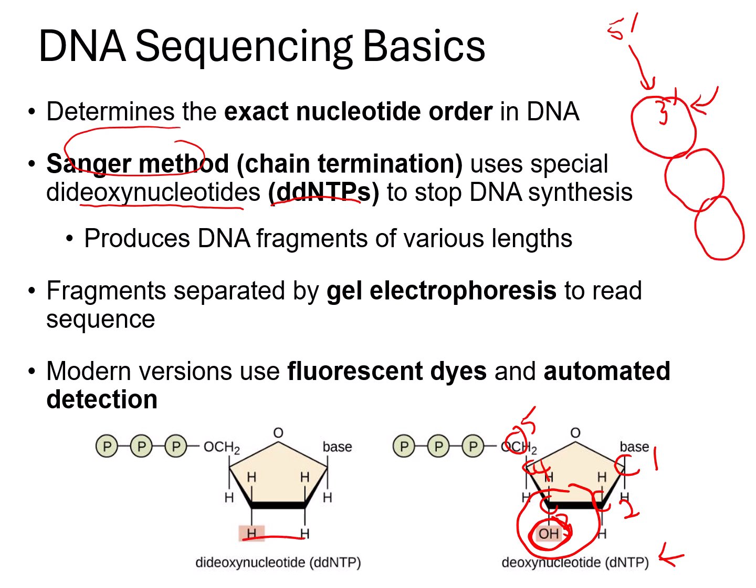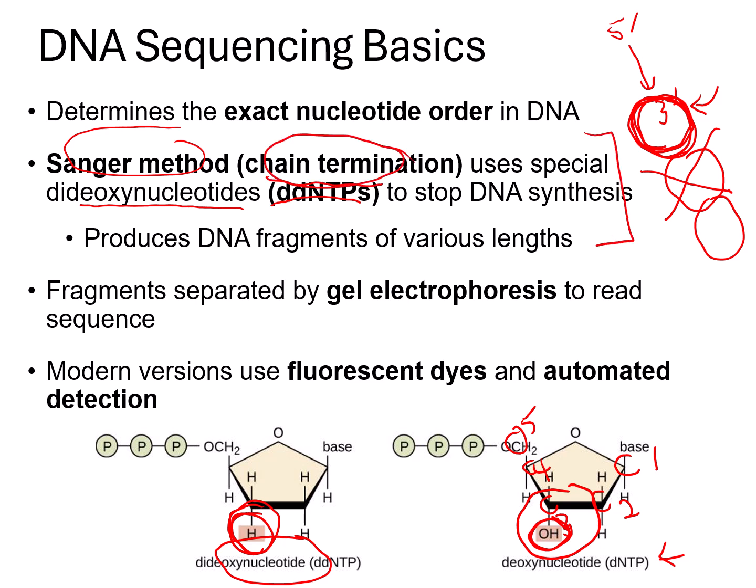In dideoxynucleotides here, there is no hydroxyl group. That means if it were added over here, for instance, and there's no hydroxyl group here at that 3' carbon, the next nucleotide could not be added. So this stops the growing chain. That's why we call it chain termination.